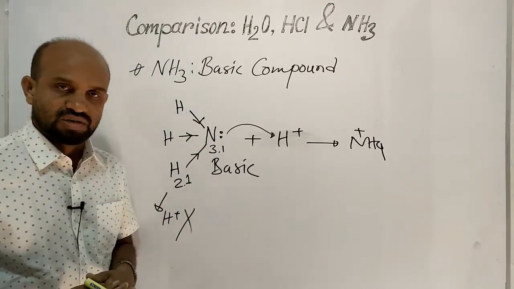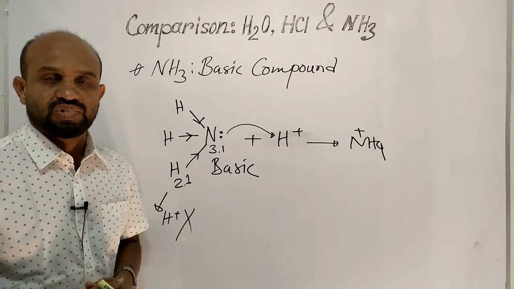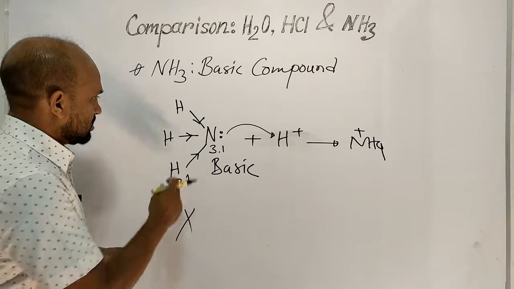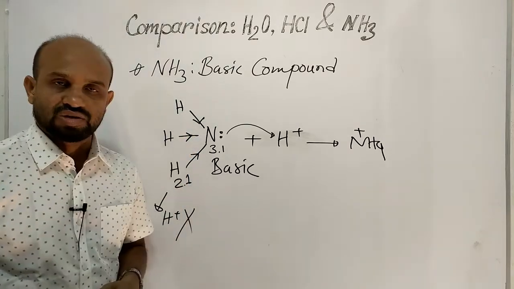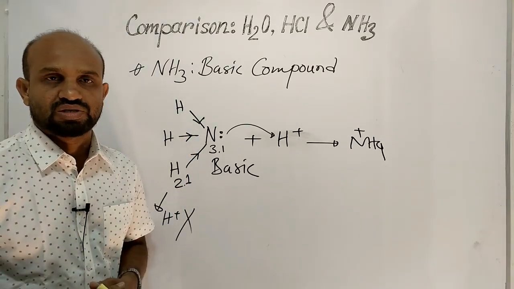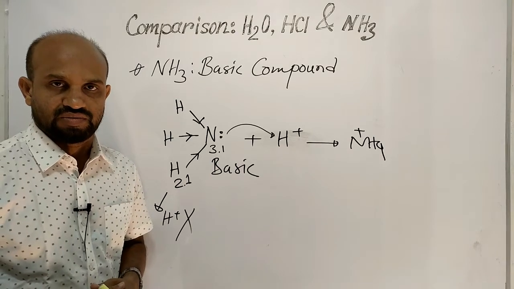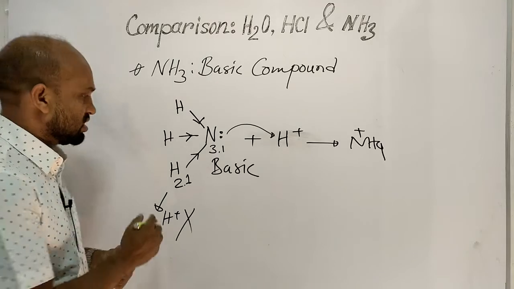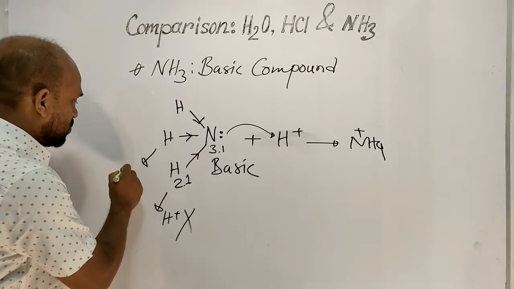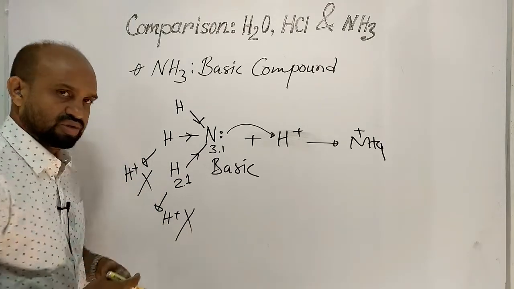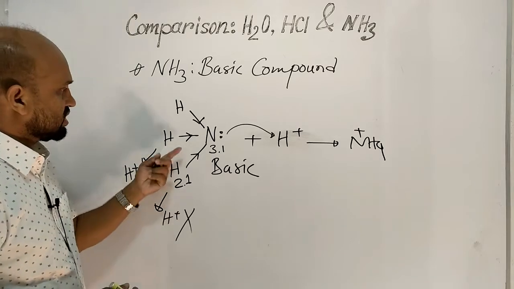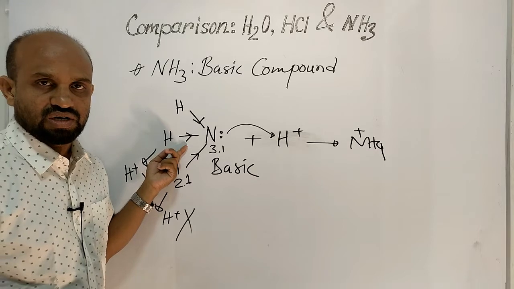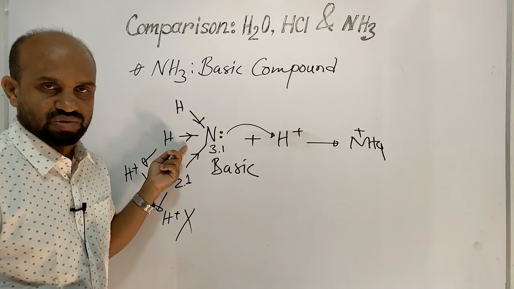then around nitrogen the concentration of electrons is increased. That is why these covalently bonded electrons cannot shift towards nitrogen properly, and for this reason from ammonia no proton is formed. That is why ammonia is a kind of basic compound only, not an acidic compound.